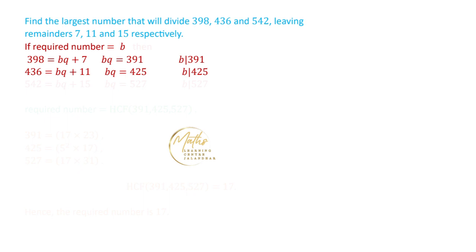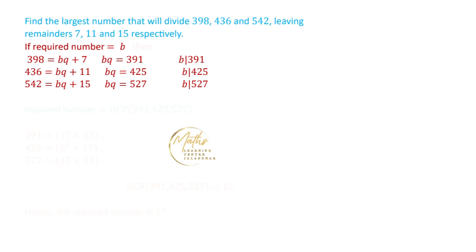The third number is 542, and we can write 542 as, when it is divided by b, we have some quotient q, and the remainder left is 15. It means that from this we can obtain that bq is equal to 527, and this implies that b divides 527.